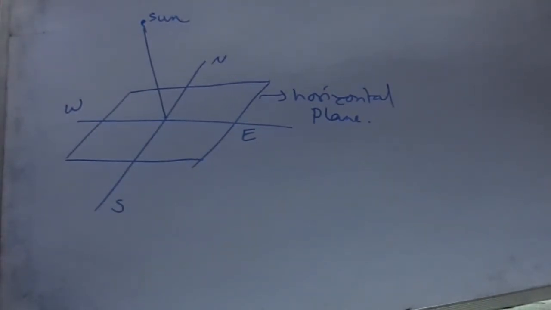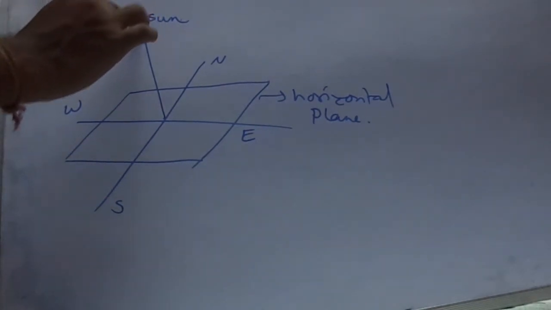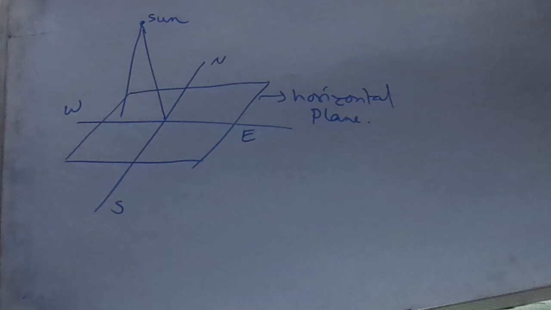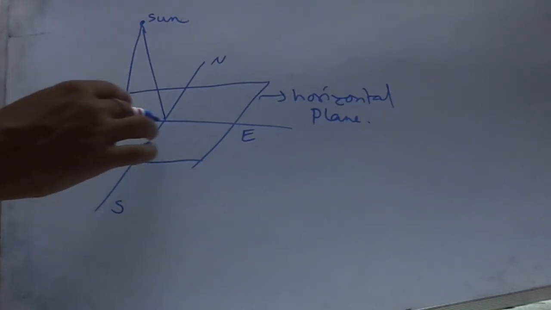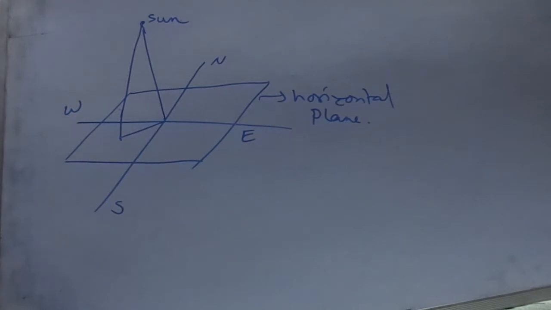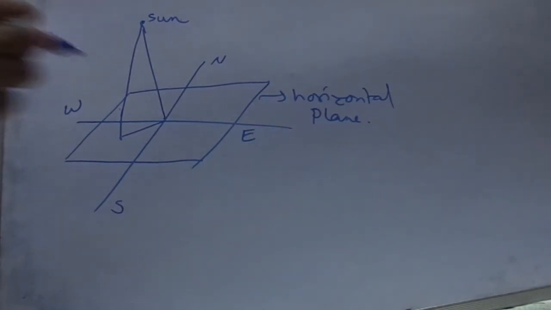That is the position of the sun. If you draw the perpendicular, that is the alpha.